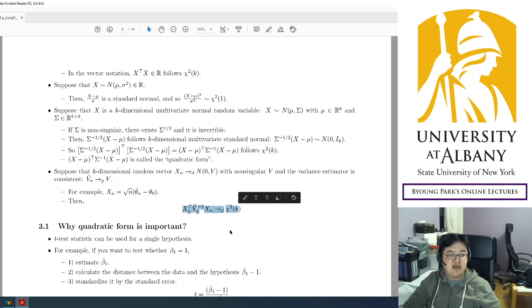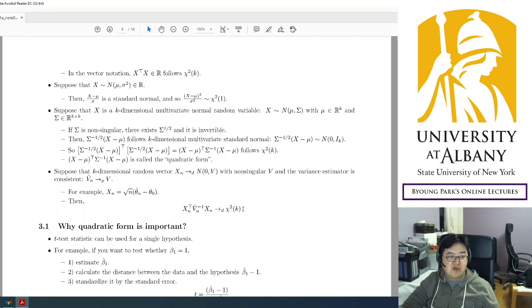We are using the same form, except that the mean is 0. And we replace the variance with a consistent estimator for the variance. We do not need to know the true variance, but we just need another variance matrix that converges to the true variance. Then you may have this convergence, which is also a very intuitive result.